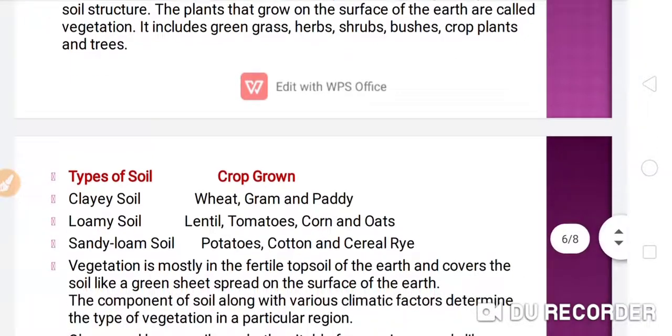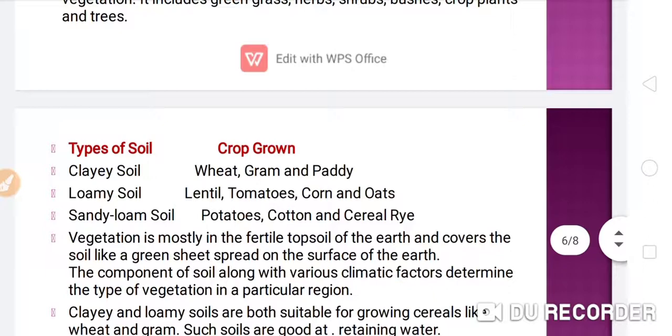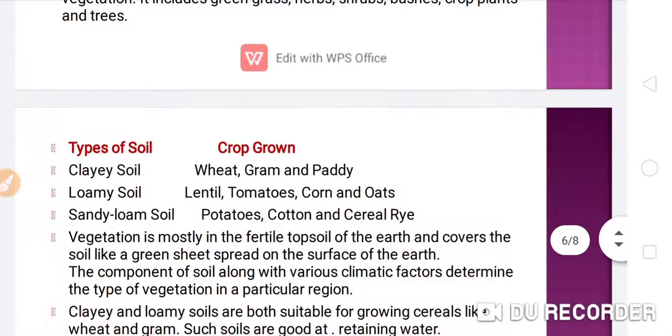Okay, now types of soil and the crops grown. Which kind of crop can we cultivate in which kind of soil? If we talk about clay soil, it is suitable for the production of wheat, gram and paddy.